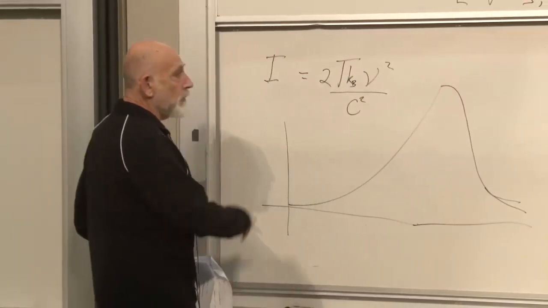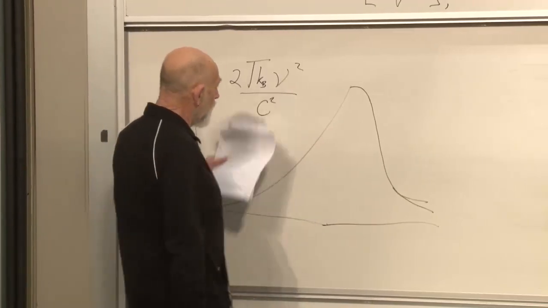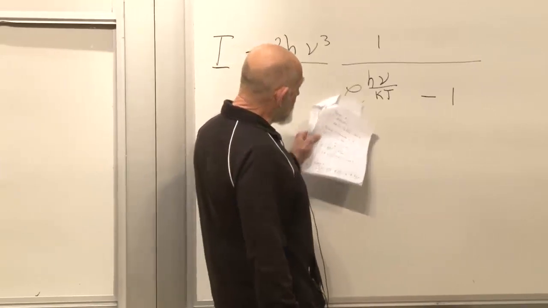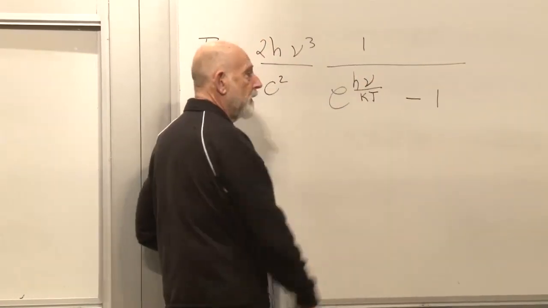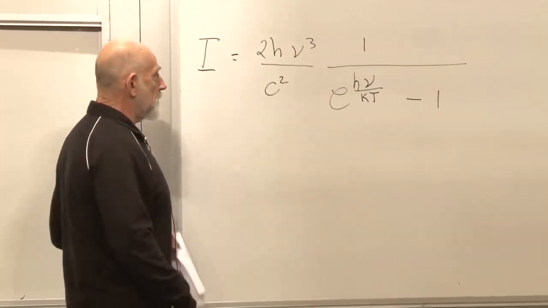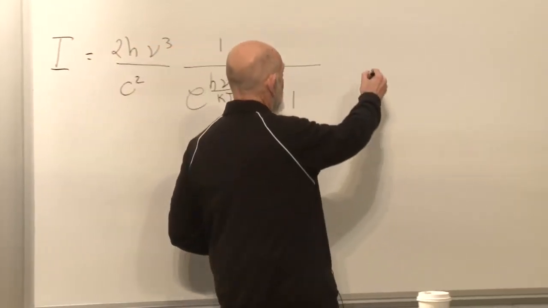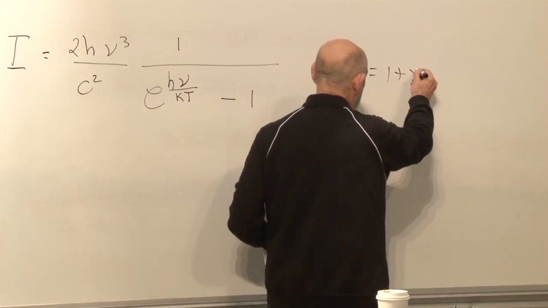Well, the point is the formulas are the same for low energy, for low frequency. For low frequency, the exponential is an exponential of a small quantity, when the frequency is very small. If the frequency is close to 0, you can expand the exponential, using the fact that e to the x for small x is just 1 plus x.